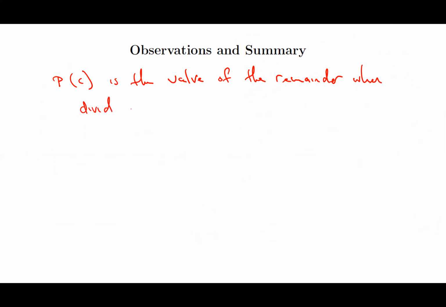Okay, so some observations. Well, P of C is the value of the remainder when dividing by x minus c.